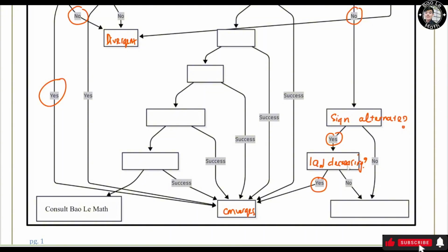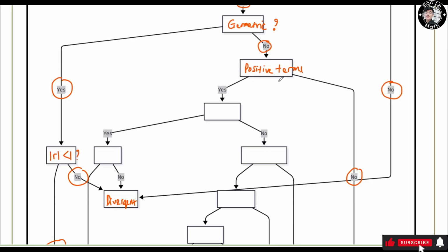If not decreasing, you try absolute convergence. If you don't see the sign alternating, you also try absolute convergence.